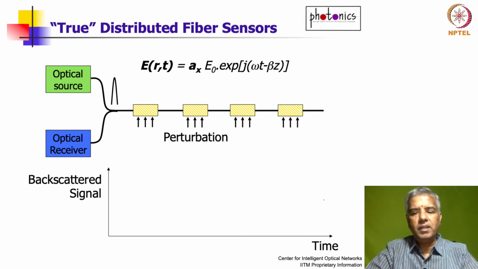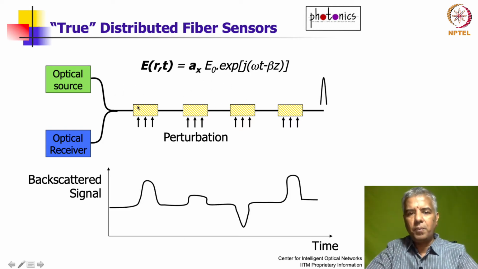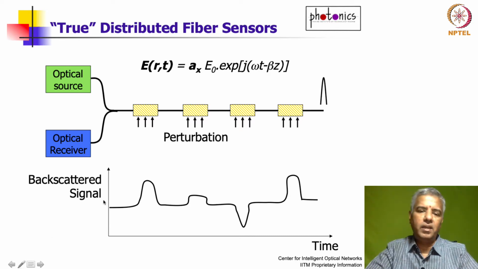But nevertheless, as this pulse is propagating down the fiber, it's going to send some backscattered signal. Let's say the intensity of the backscattered light looks like this, and that might indicate that there are some perturbations happening at these locations.